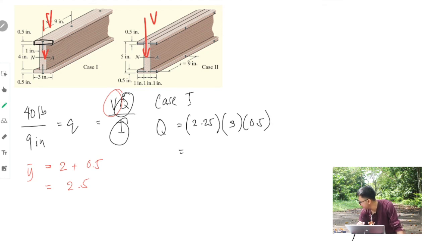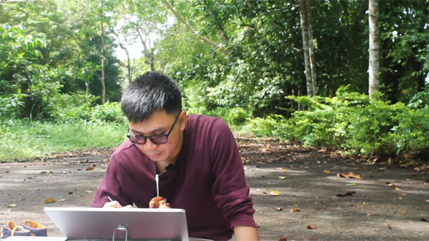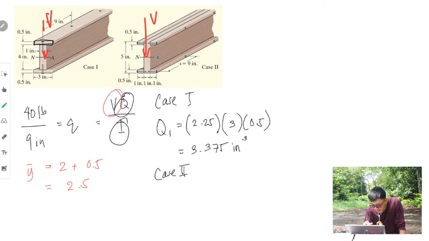And that is equal to 3.375 inches cubed. So that is our Q for case 1. How about case 2? So the area we consider now is this one.